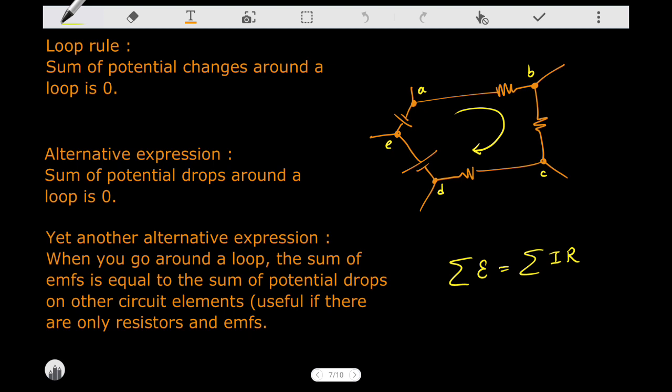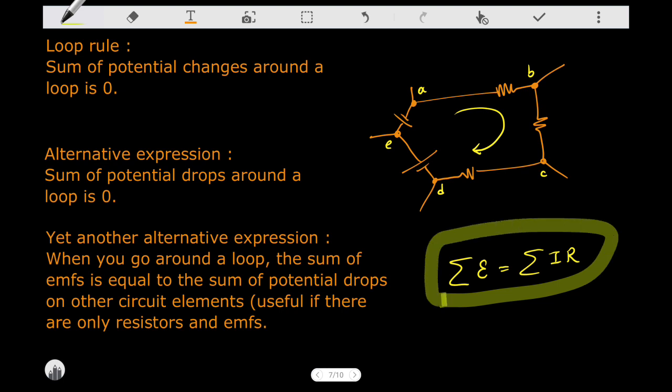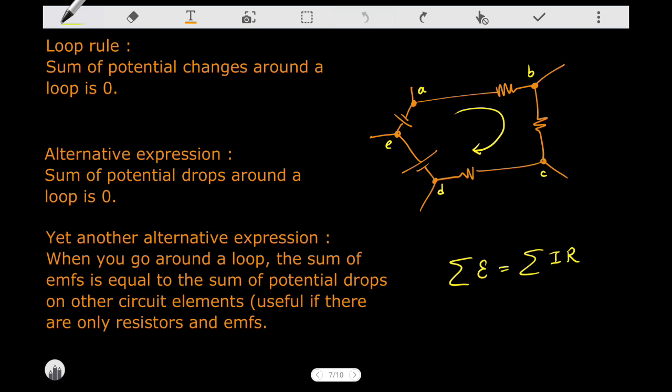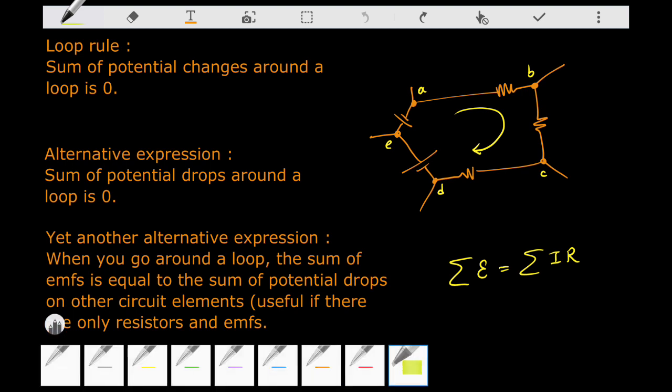In that case, the rule basically says that you can move one of them to the other side of the equation. So instead of writing the potential drops for EMFs on the right-hand side, I can move them to the other side. In that case, that's going to be the changes of the potentials when we are crossing the EMF devices. And so as a result, I can write down the expression for the loop rule like this, in this form.